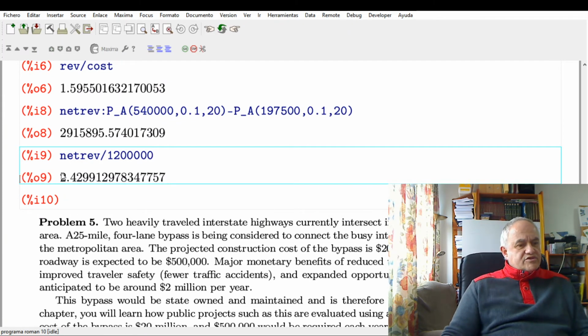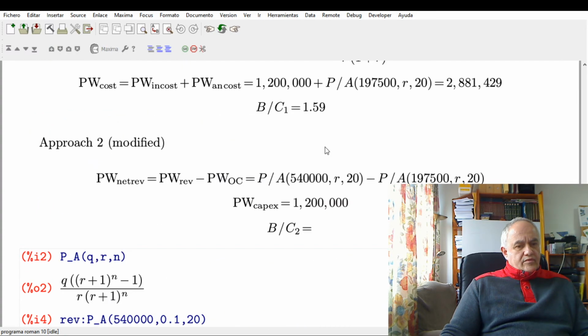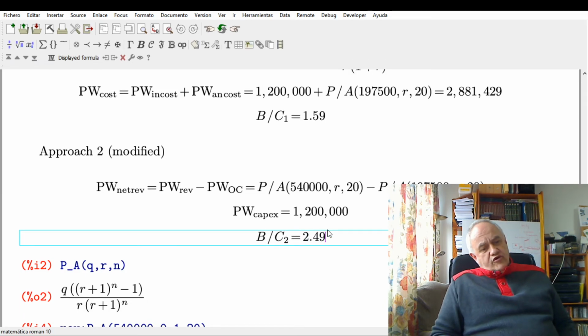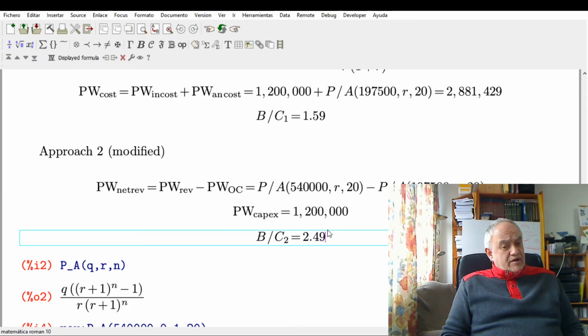And suddenly we discover that the actual ratio over the investment we have to do now is much more interesting.